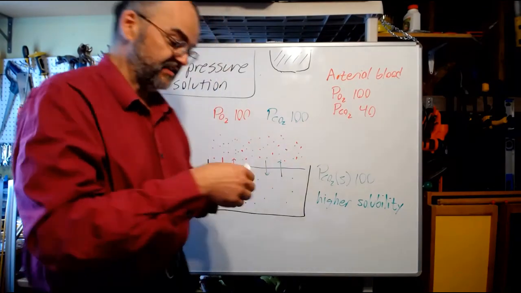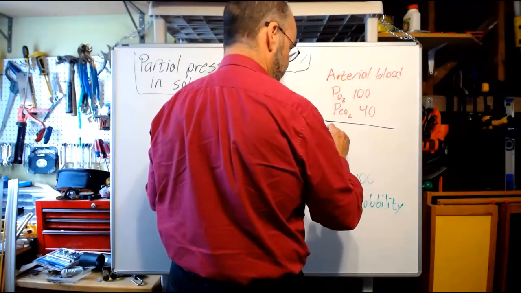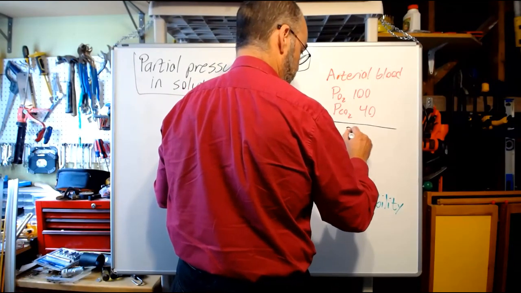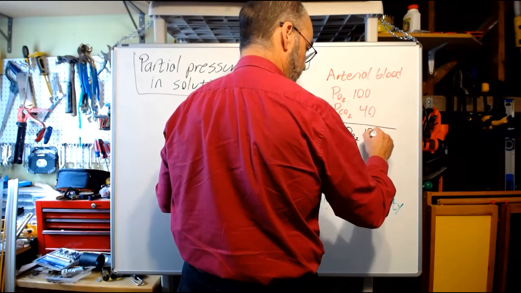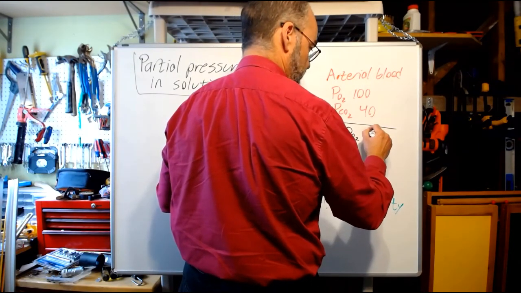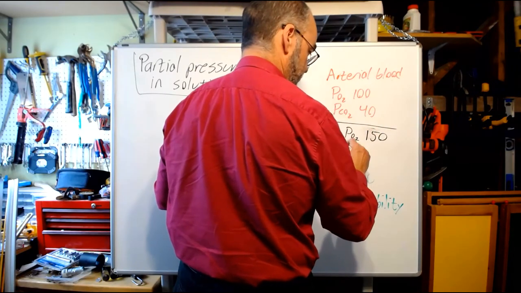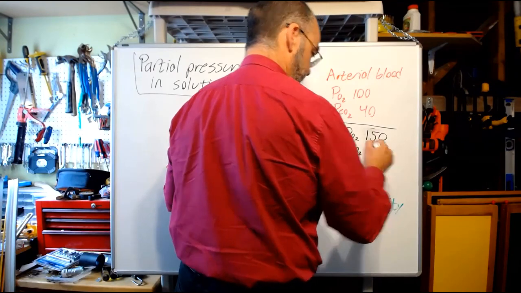What you can say is, let's imagine we were exchanging with air with a PO2 of 150 and a PCO2 of 30.